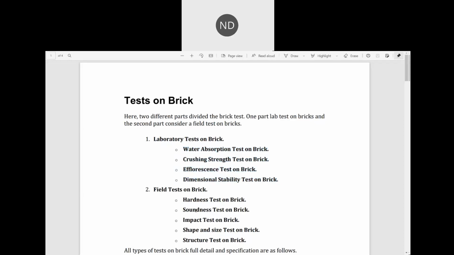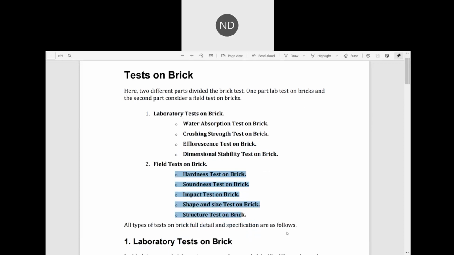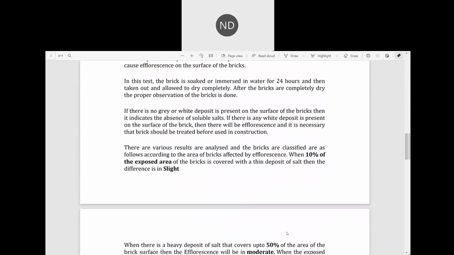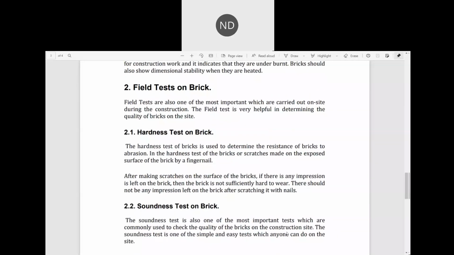Then these are some of the site tests, where in just a few seconds you can check whether your brick quality is good or not. You can see that on the site itself. So these are the field tests.